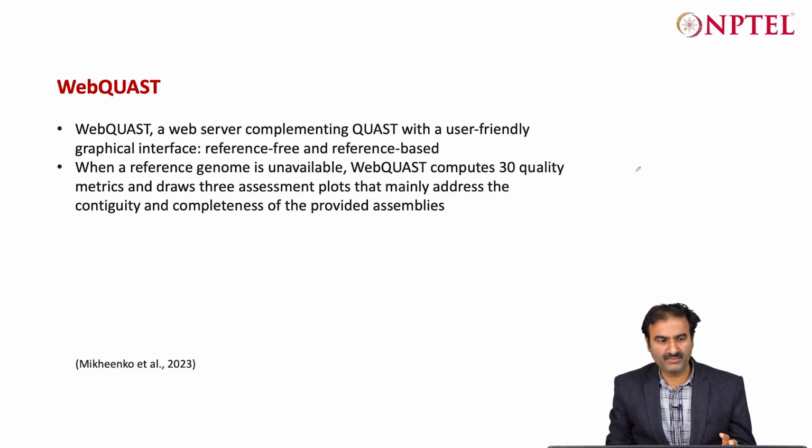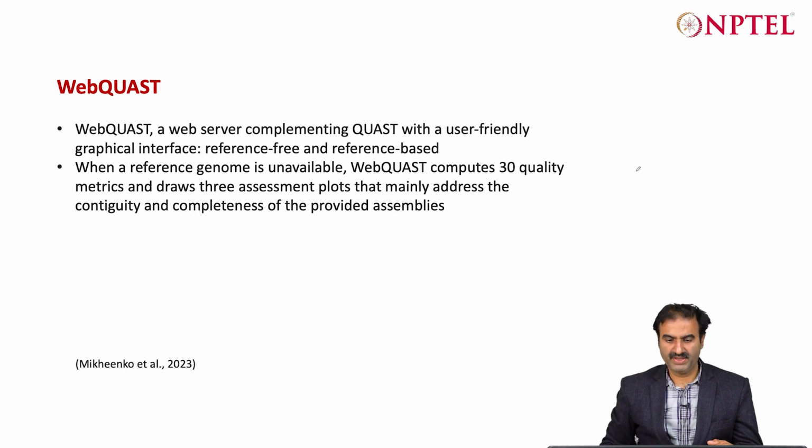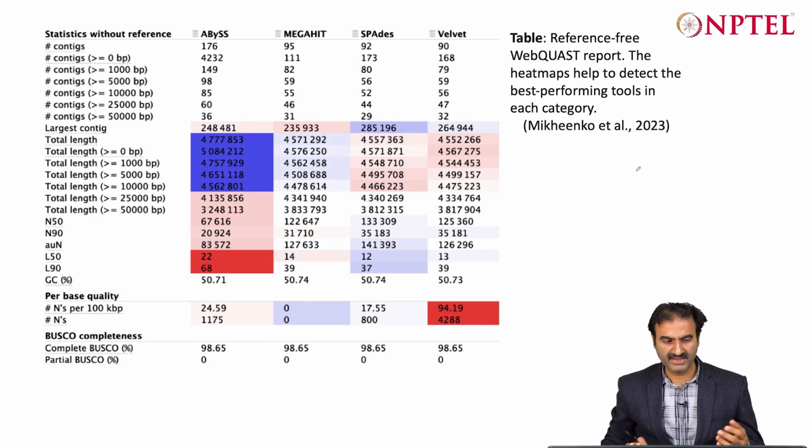Recently a new tool has come called WebQuast, which does a lot of such statistics calculations and reports a lot about your genome, right. It does the L50, N50, BUSCO and everything like that you want to report.